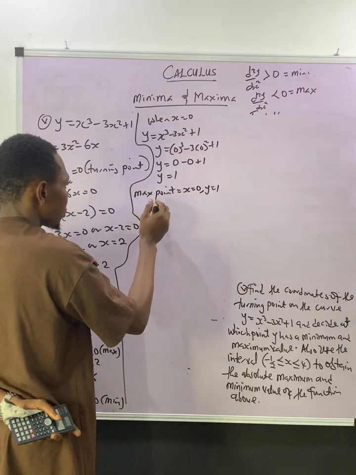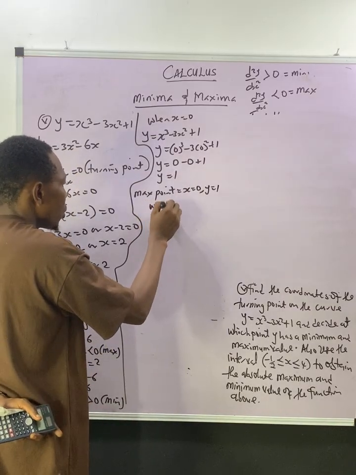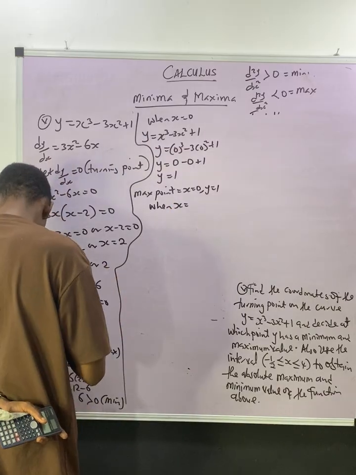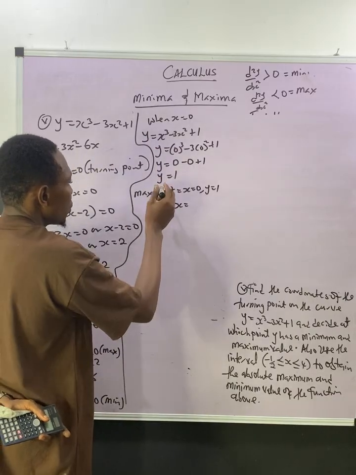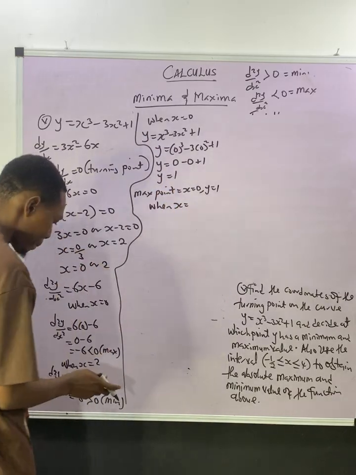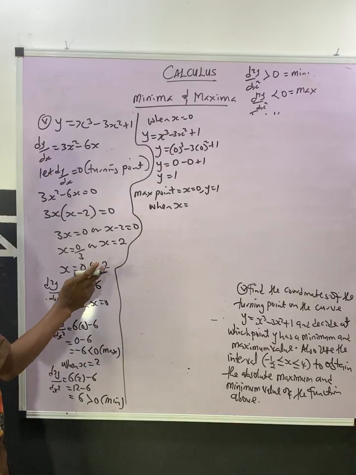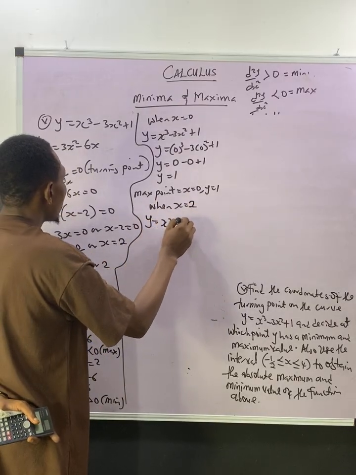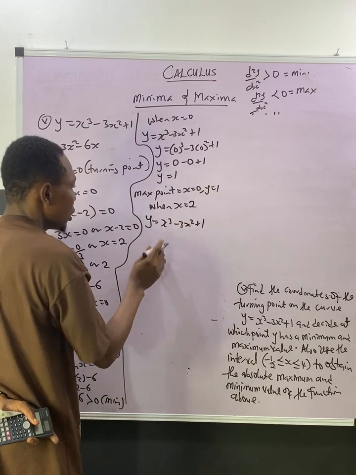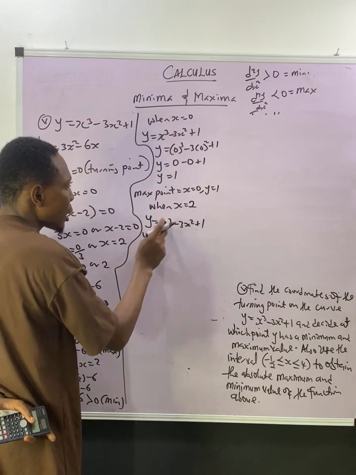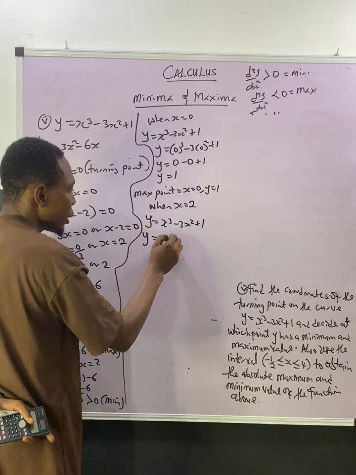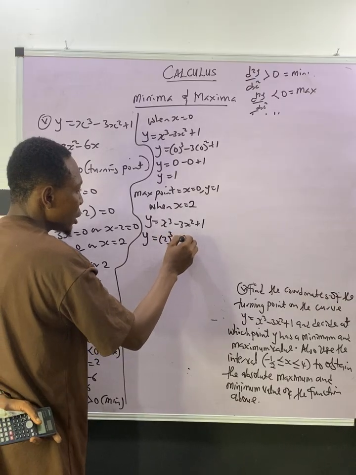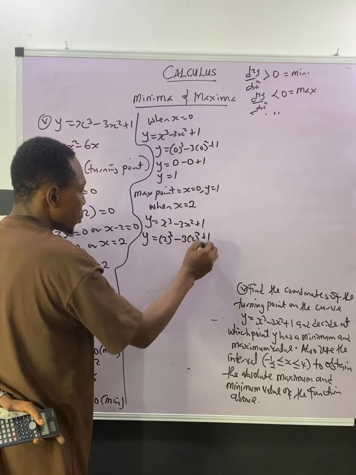And again, when x was equal to 2, remember y equals x cubed minus 3x squared plus 1. So our y will be equal to 2 raised to power 3 minus 3(2) raised to power 2 plus 1.